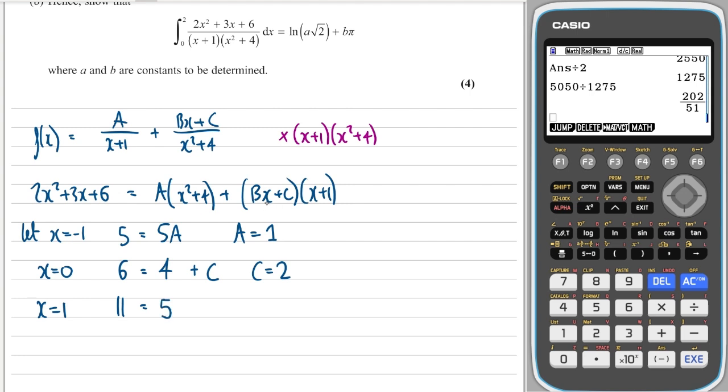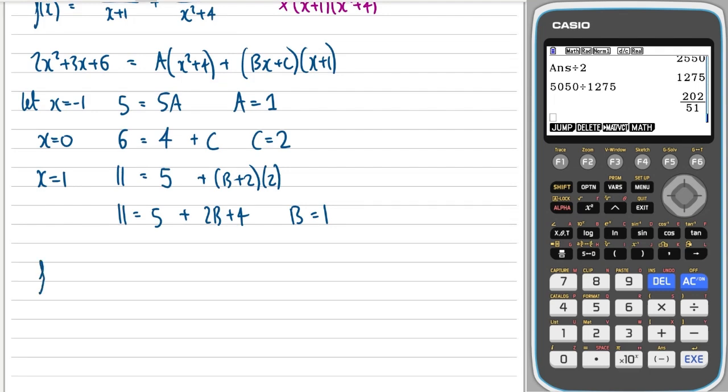I'm going to get b plus 2, so b plus 2 multiplied by 2. So that's going to give me 11 is equal to 5 plus 2b plus 4. And this is going to tell me that b is equal to 9 minus 11 is 2, so b is equal to 1.